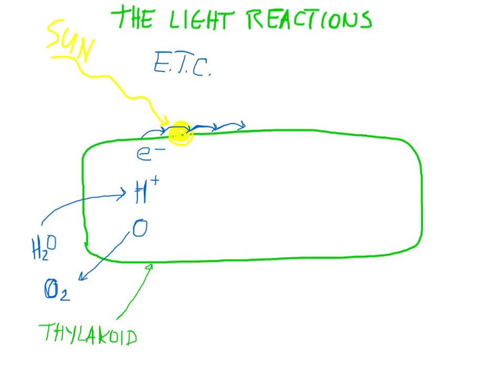At this point, I want to introduce an active transport protein that is embedded in the thylakoid membrane. This protein is called the H+ pump, and it will be used to pump hydrogen ions, as you'll see.